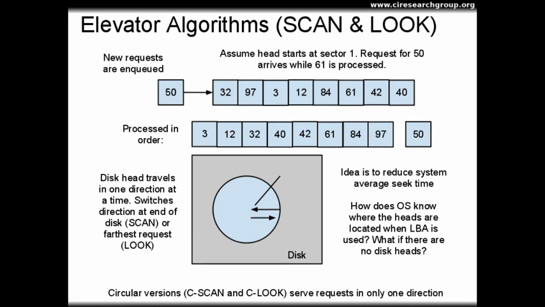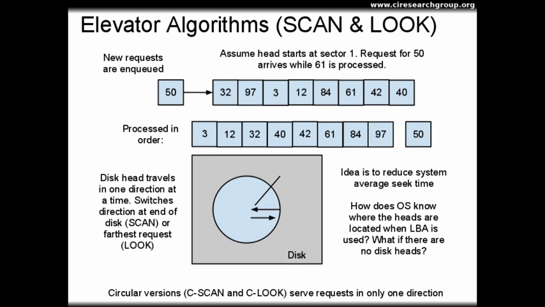Now, there are a few optimizations of the simple scan algorithm. The original algorithm proposed that the head would move all the way from the beginning of the disk to the end of the disk, and then all the way back to the beginning. The look algorithm improves upon this behavior by moving the head only as far as the highest numbered request before changing directions and moving it back down.